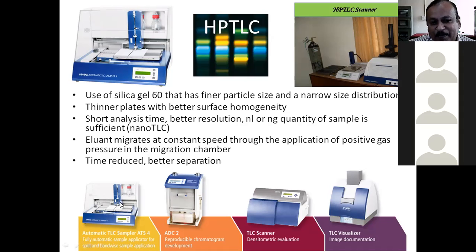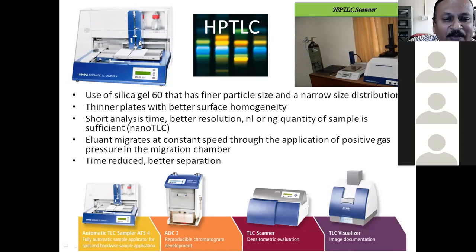Once the samples are applied, they are not in the form of a spot, but are placed in the form of a narrow line, a very thin line of sample. Then the TLC plates are kept in the chamber. Now this chamber is also a very special chamber. I had this bigger image also here, but by mistake I tried to show you a smaller image.